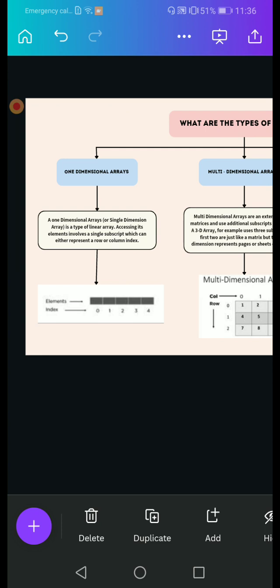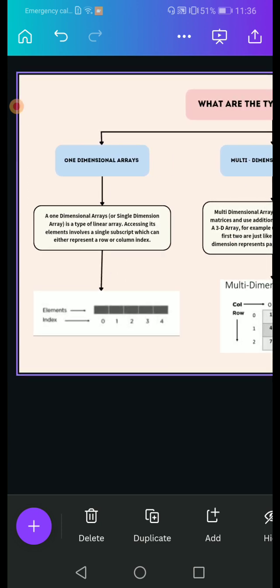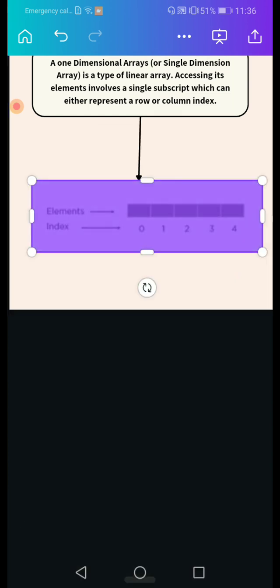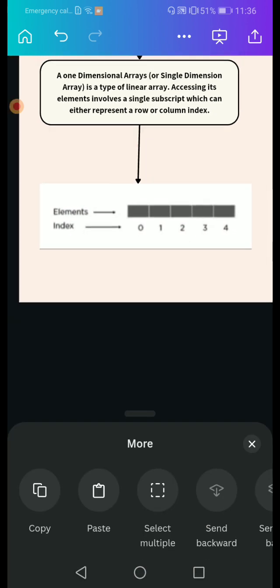The first one is one-dimensional arrays. A one-dimensional array, or single-dimensional array, is a type of linear array. Accessing its elements involves a single subscript, which can either represent a row or column index. And this is what a one-dimensional array looks like.